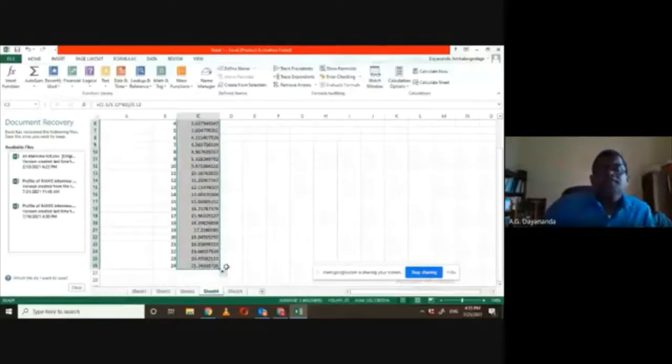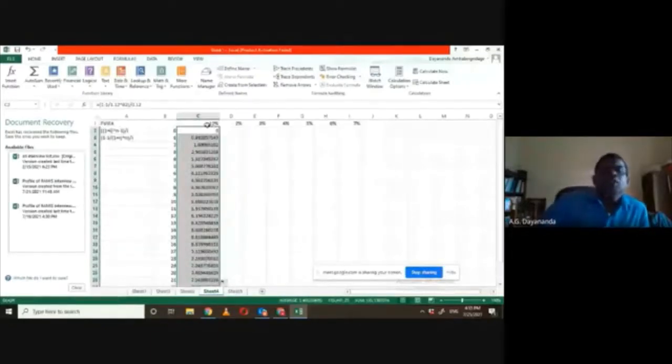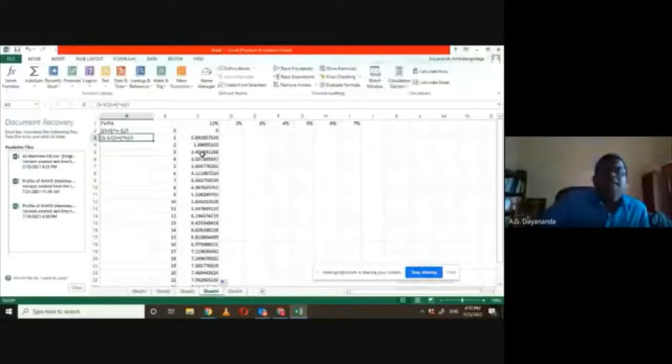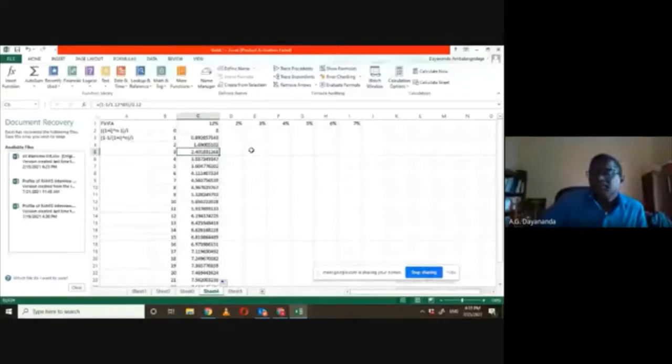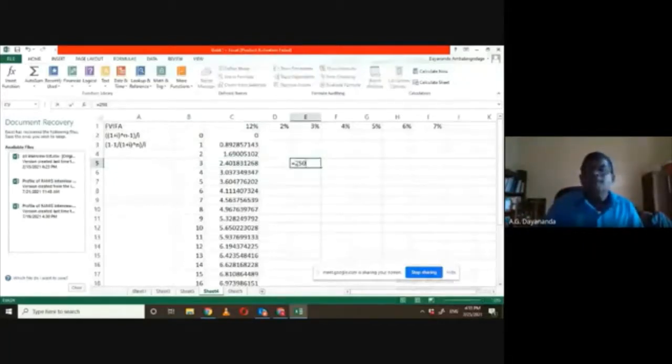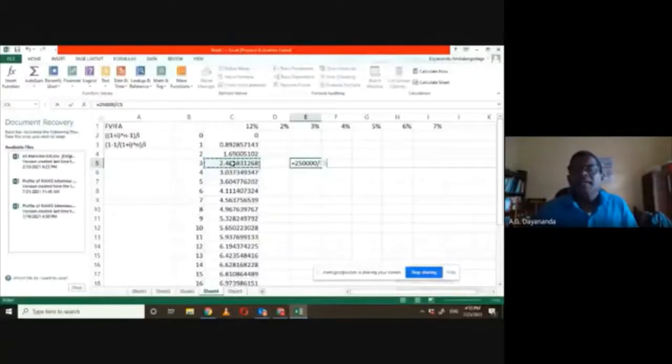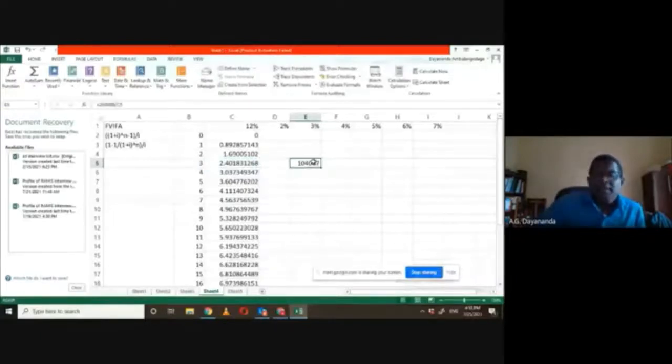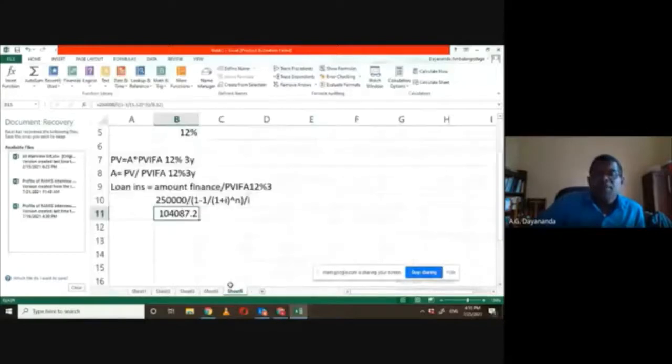For 12%, this is the present value interest factor table. If you have made this table, you will get the second year and third year factors. Just look at the third year factor. We divide the 2,50,000 loan by this factor, and the answer should be the same as before, 104,487.